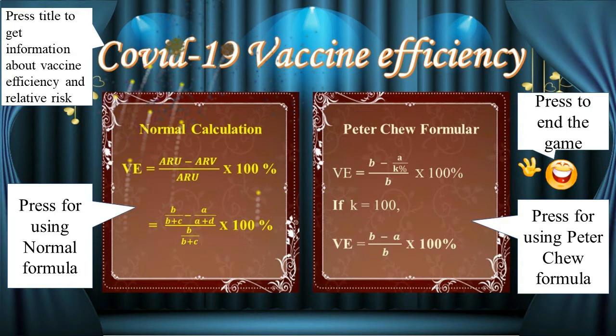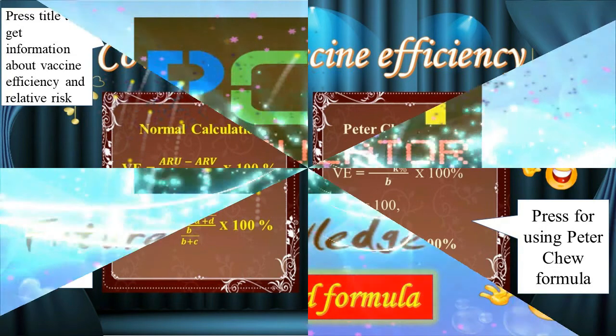One of the advantages of the Chew formula is that we can assume a high target population of vaccination with K equals 100, such as the medical worker group. When K equals 100, the Chew formula calculation becomes very simple.